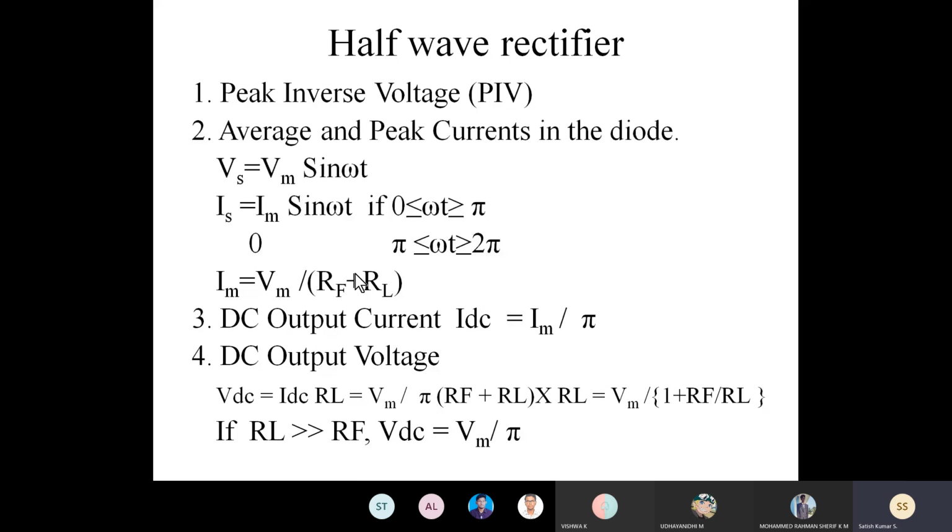Here, in our rectification circuit, we are getting current only in the positive half cycle. In the positive half cycle, the time interval 0 to pi only, you will get the output, and in the other interval we won't get the output.